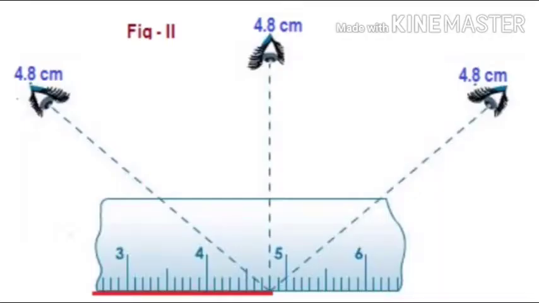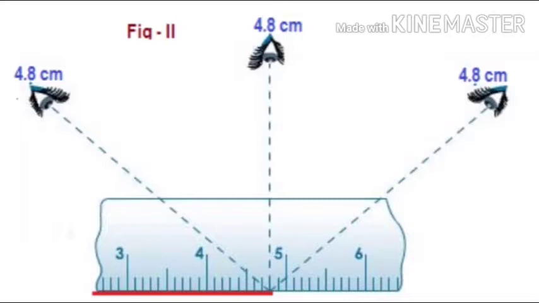If we look at this picture, we are measuring the length of a sample, but there are 3 observers. One is exactly perpendicular to the line and the other 2 are positioned according to this figure.